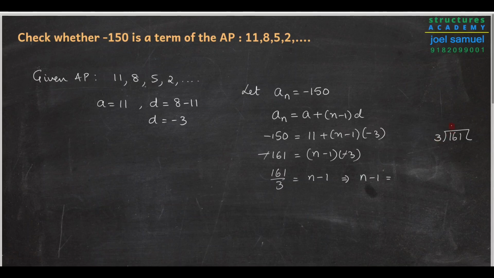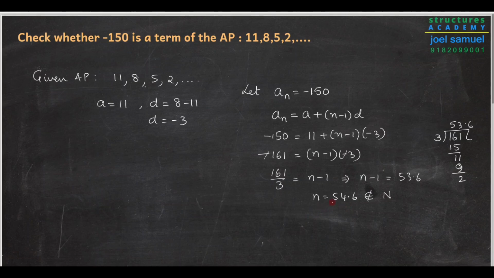Let's just go ahead. 3 5s are 15. So this is 3. 3 3s are 9. And then you get 2. So it's 53.6. And therefore n is equal to 54.6, which does not belong to natural numbers, because n has to be a counting number.